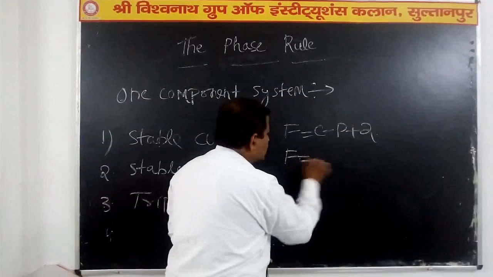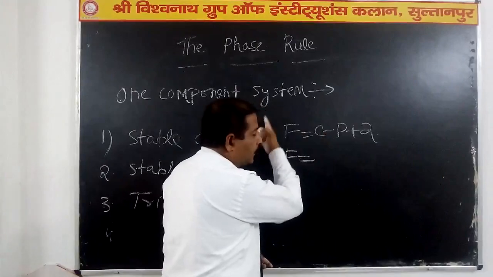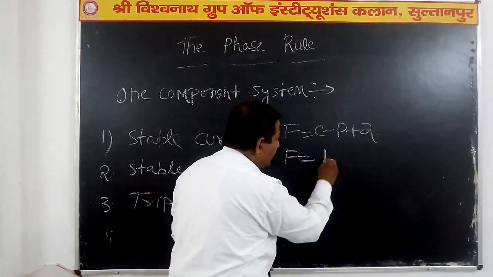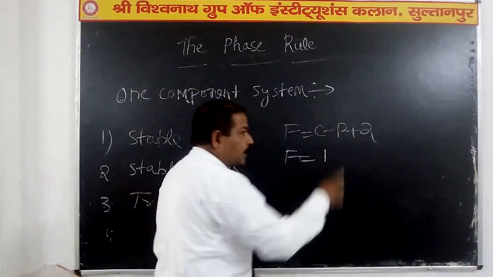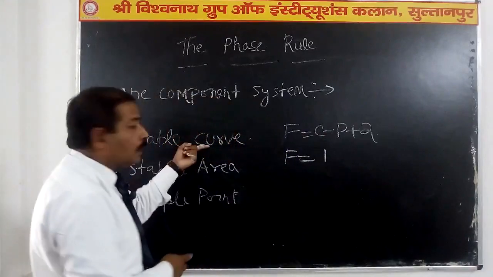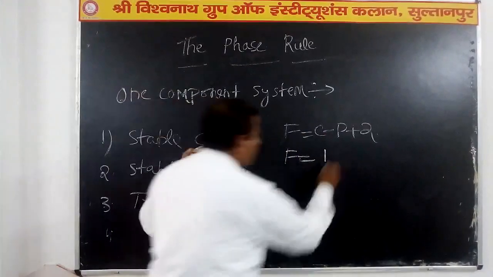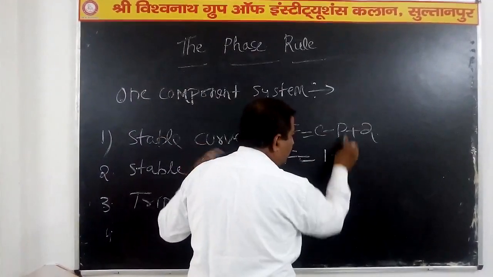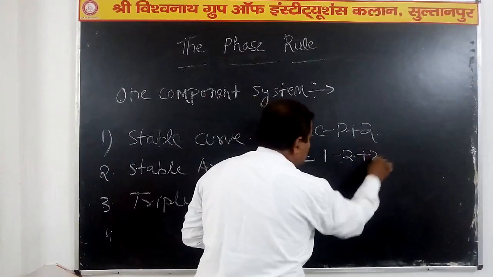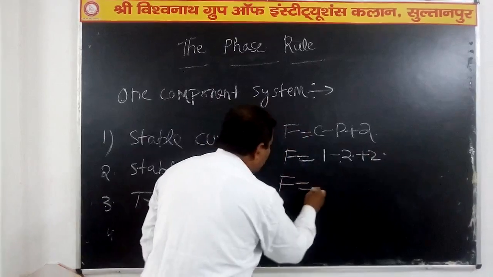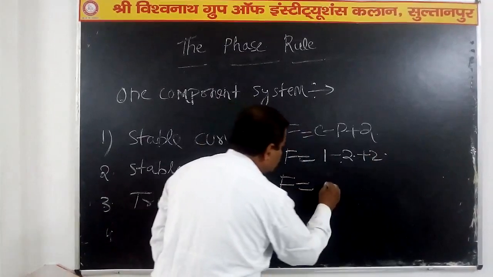Being a one component system, the value of C would be 1. The number of phases along the stable curve is always equal to 2. So we take P equal to 2, P standing for the phase, plus 2. After calculation we shall get F equal to 1.